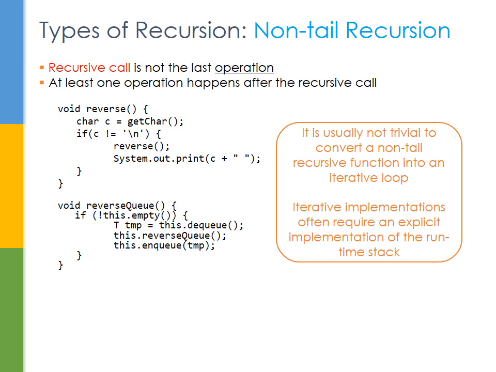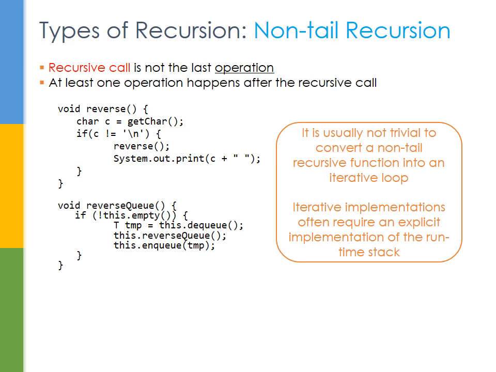And the reason for this is that if we wanted to create an iterative implementation of a non-tail recursive function, then we often need to actually implement and create a simulation of the runtime stack ourselves. So in other words, we would need to maintain a stack data structure and then store information in that which would then be processed later.